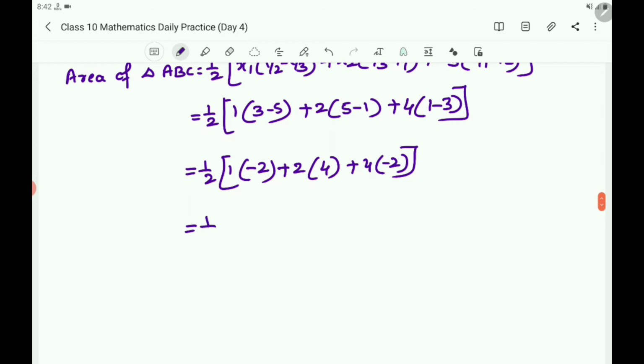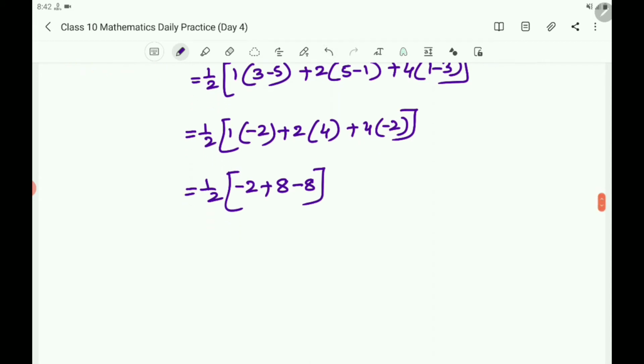That equals half into 1 into minus 2 is minus 2, plus 2 into 4, 2 4s are 8, and 4 into minus 2, that is minus 8. So here plus 8 minus 8 cancels, and 1 by 2 into minus 2, so you will get minus 1.